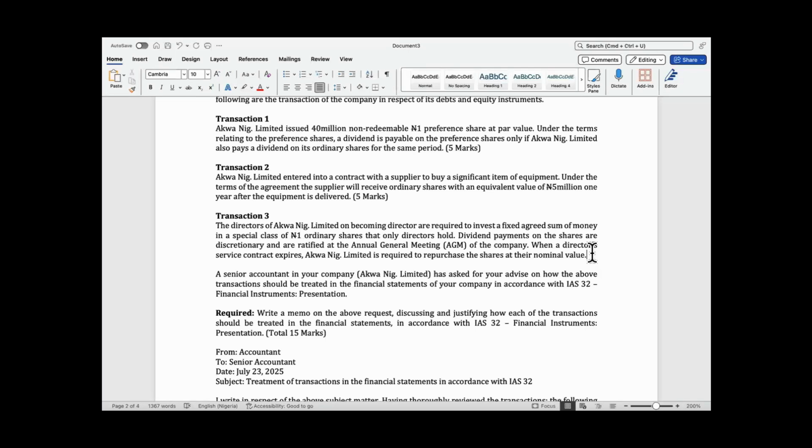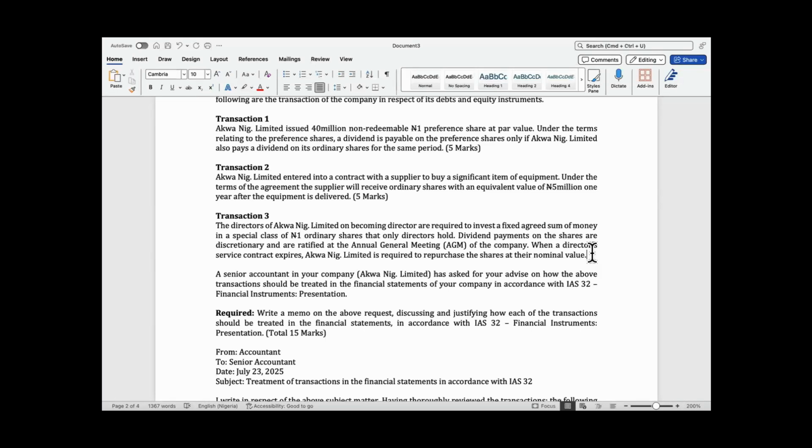So how do you treat this? Okay, so can I try, sir? Yes, please. I believe this has an element of financial asset, because if the directors buy the shares in their own hand, it will become a financial asset.